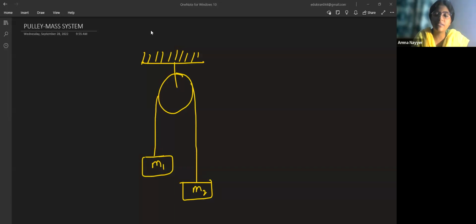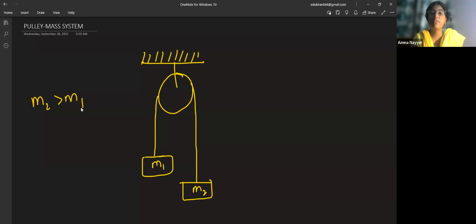Siddhika, by looking at the figure, which block do you think is heavier, M1 or M2? M2, very good. So it means we have assumed M2 is greater than M1.